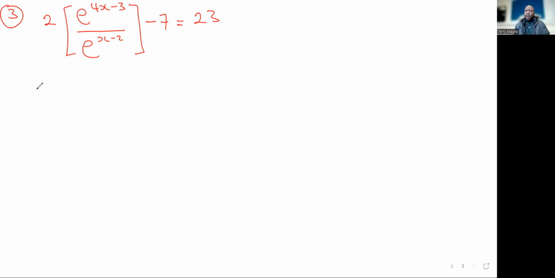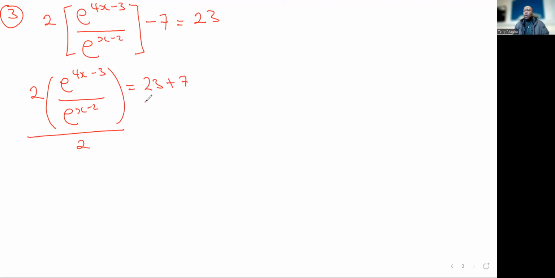So we're going to have 2 exponential 4x minus 3 divided by exponential x minus 2 will be equal to 23 plus 7. Then I will now divide both sides by 2 to get rid of this 2 here.